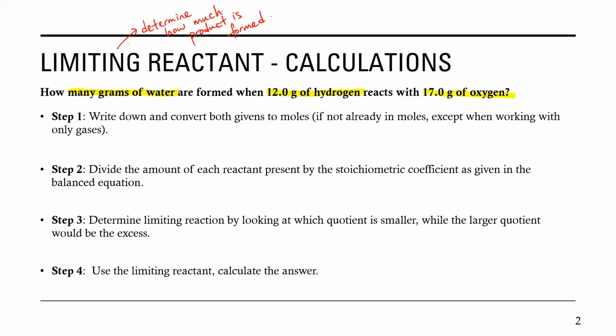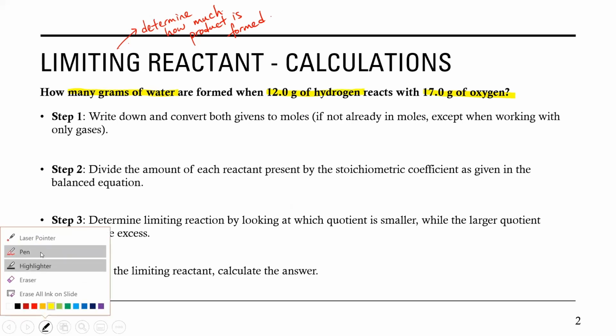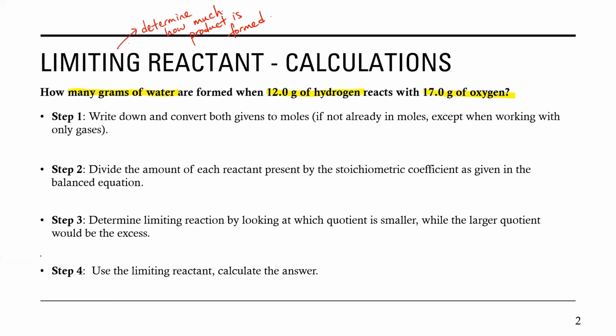So the first thing you have to do is always to write an equation, because only when you write an equation you can find out the stoichiometric coefficients. So we have 2H2 plus O2, and that gives you 2H2O.